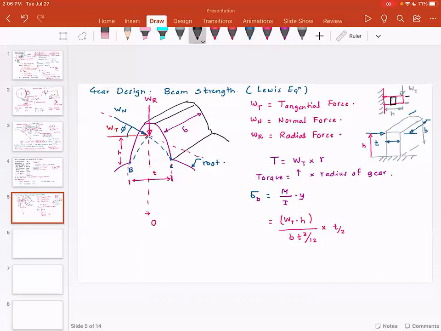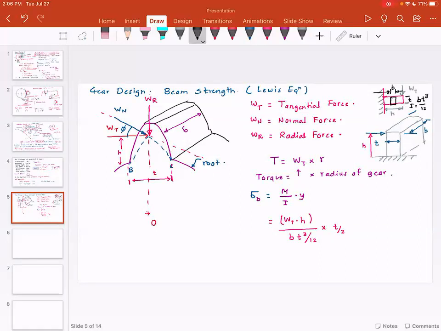This is T and this is B. So it's B T cube by 12 as the moment of inertia.